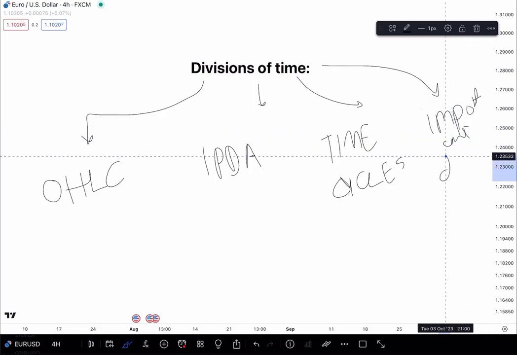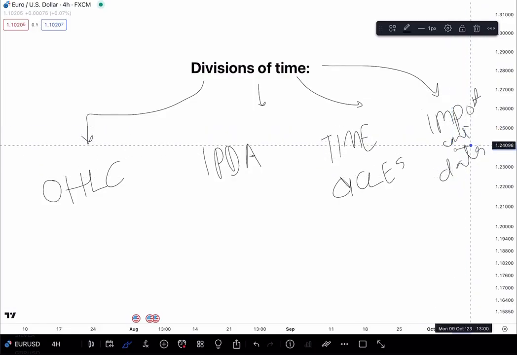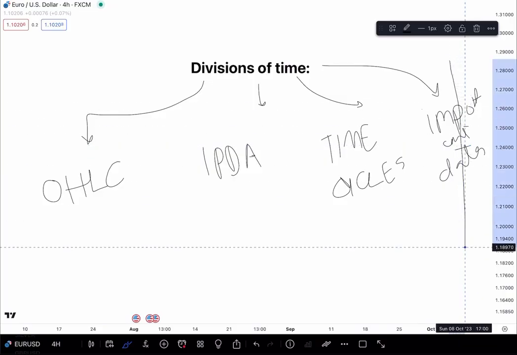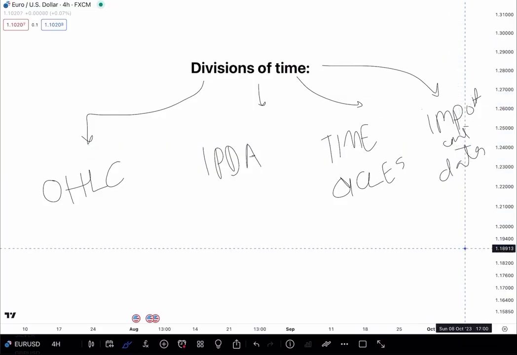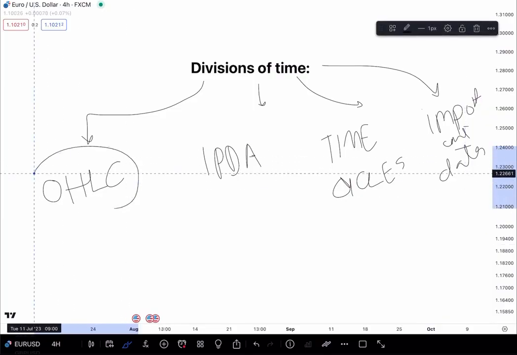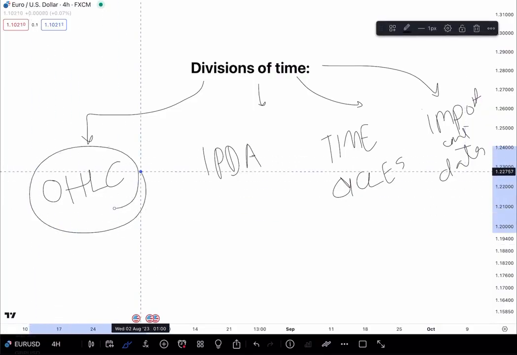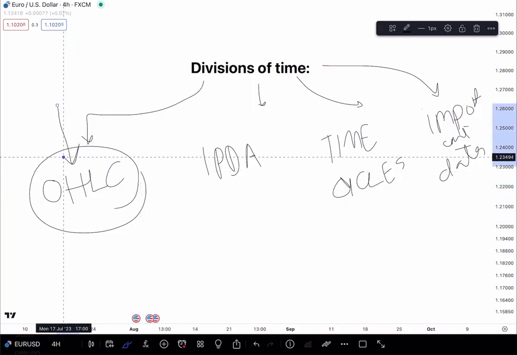Important dates, so to the day, a certain day. For this teaching, we're going to be focusing on the open, high, low, and close aspect of time, which by itself is an extremely complete approach to time, right?